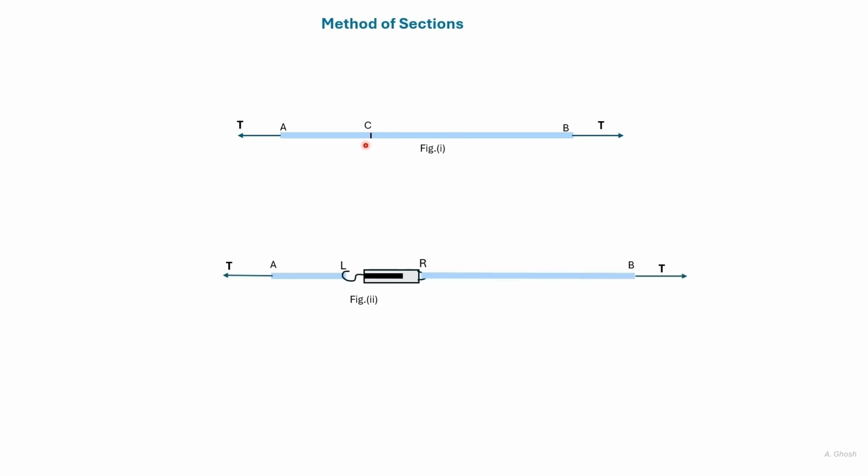Now, if we cut the rope at C and insert a spring scale, then the spring scale will show a tension P. AC is pulling the spring scale with tension P, and the spring scale is pulling AC with a tension T. CB is pulling the spring scale with a tension T, and the spring scale is pulling CB with a tension P.